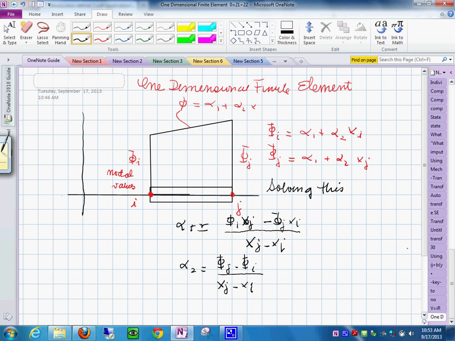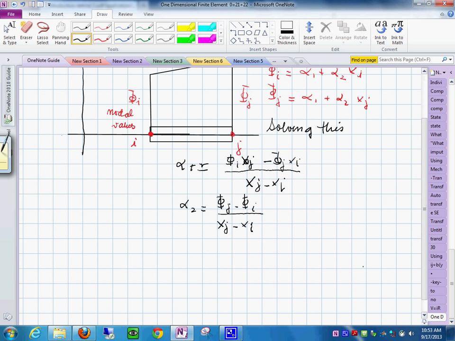If you substitute this into the equation, we came up with the solution phi as being x of j minus x divided by the distance between the two, this is L over here, times phi sub I, plus x minus x of I over L, times phi sub j.